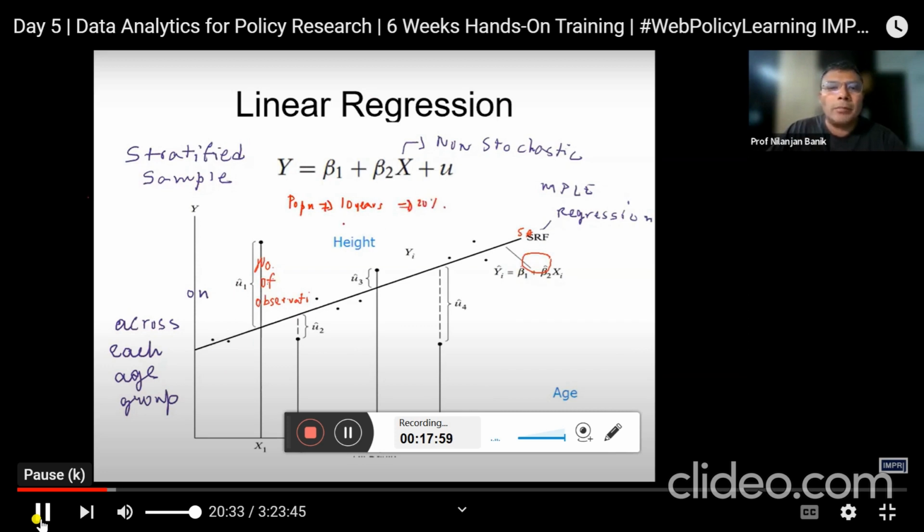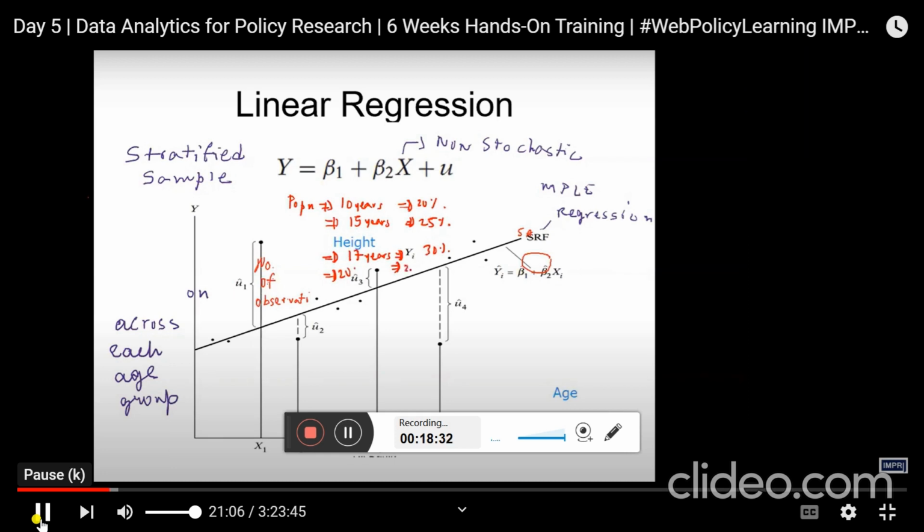Number of people in the age group of 15 years is, let's say, 25%. Number of people in the age group of 17 years is, let's say, 30%. And number of people in the age group of 20 years is, let's say, 25%.